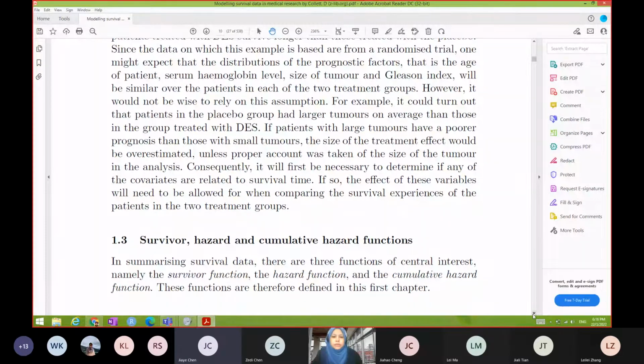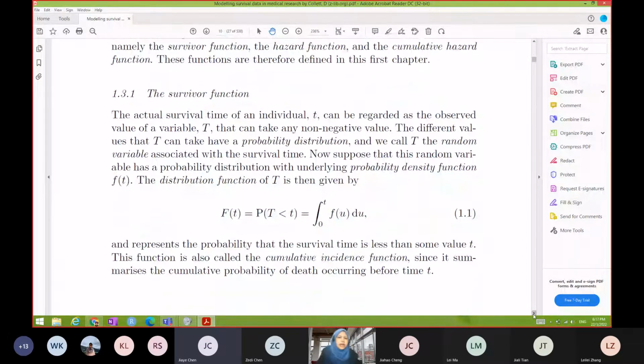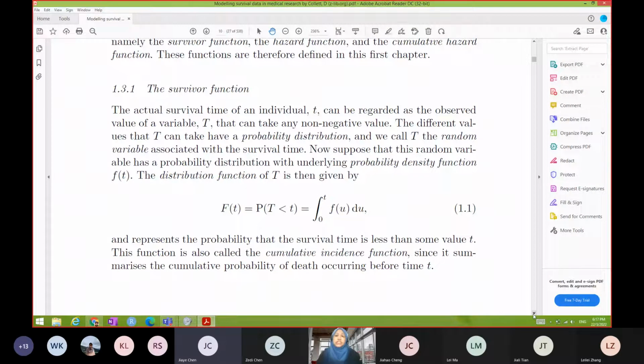So we start with the survival function. The actual survival time of an individual or patient can be regarded as the observed value of variable T. When we want to analyze survival data, it always involves time, because survival data is time to event data.